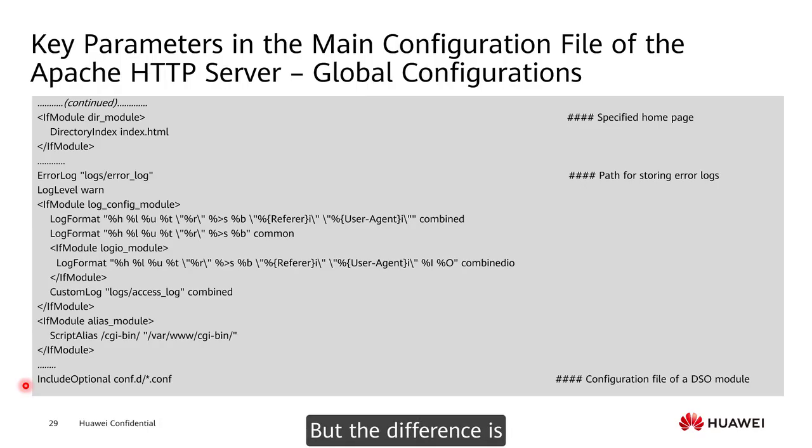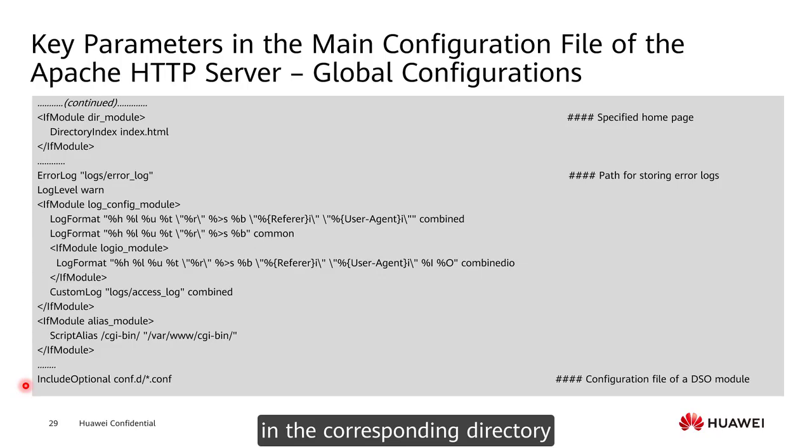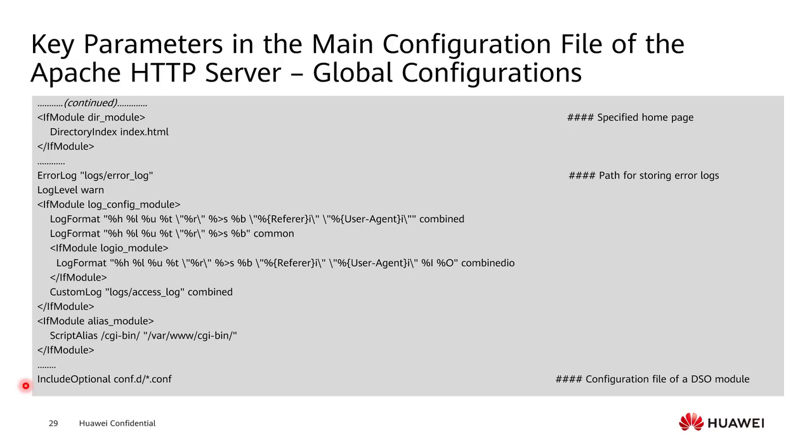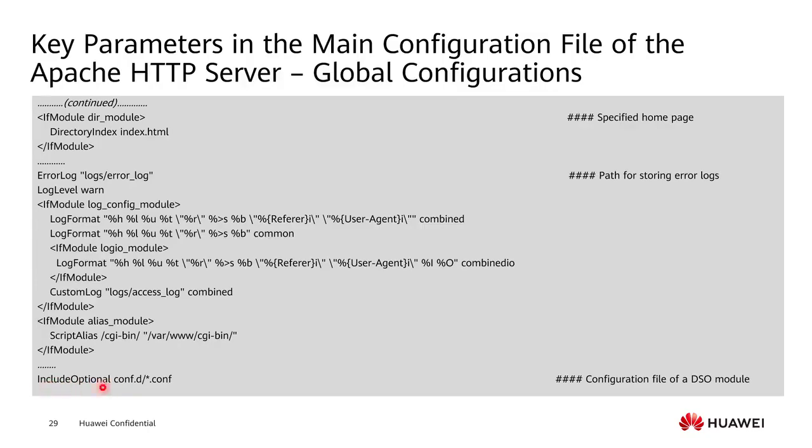But the difference is that if the corresponding configuration file does not exist in the corresponding directory, the system reports an error message when Include is used, but does not report the error message when we use IncludeOptional.